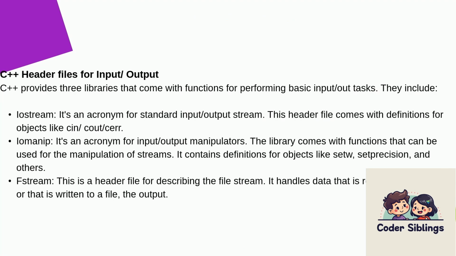Now moving on to the C++ header files that we use for input and output. We already discussed in the previous slide that C++ provides certain libraries with functions for input and output. There are three major libraries which have functions within them that perform basic input and output tasks, right?